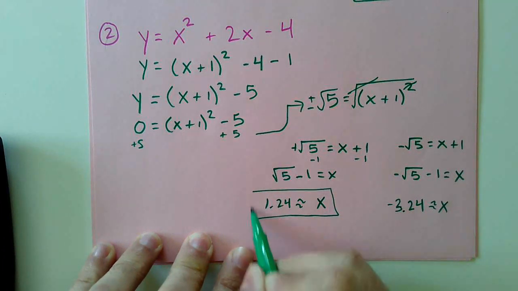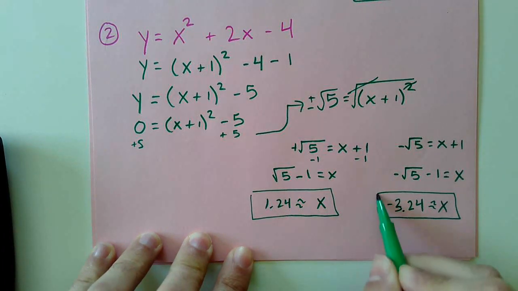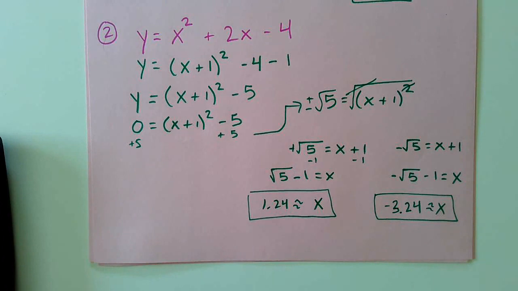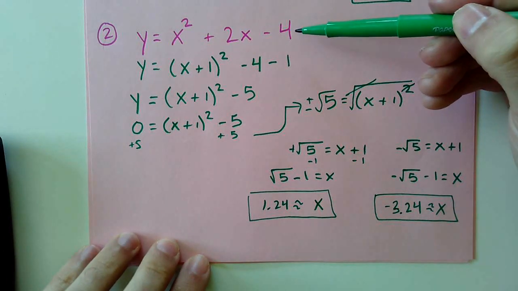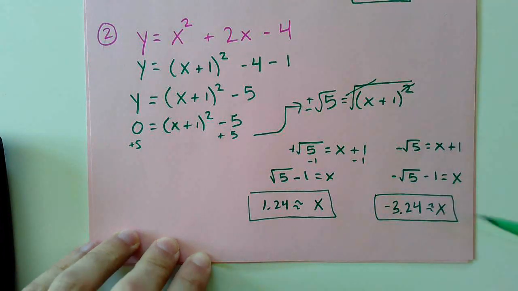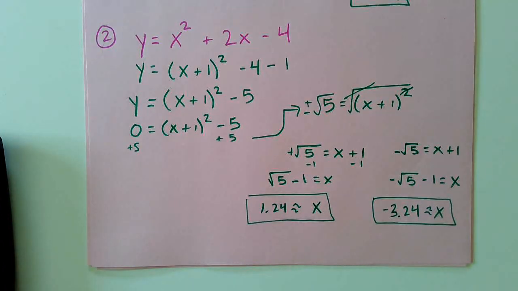And these would be my x-intercepts for that problem. Because they're decimals, we know that this original wasn't factorable. So going this route by completing the square would be our best option for finding the x-intercepts. And that is finding the x-intercepts by completing the square.